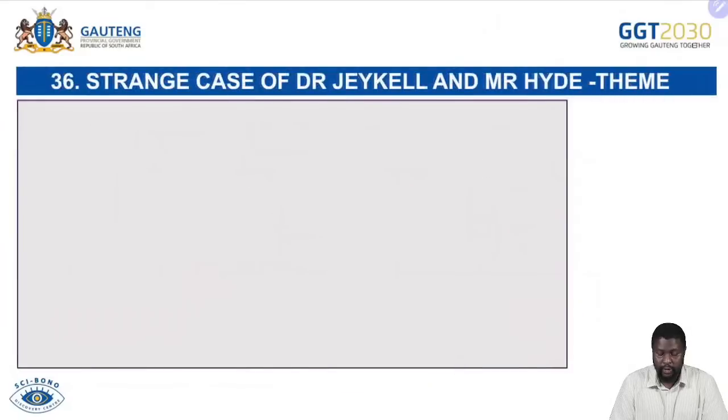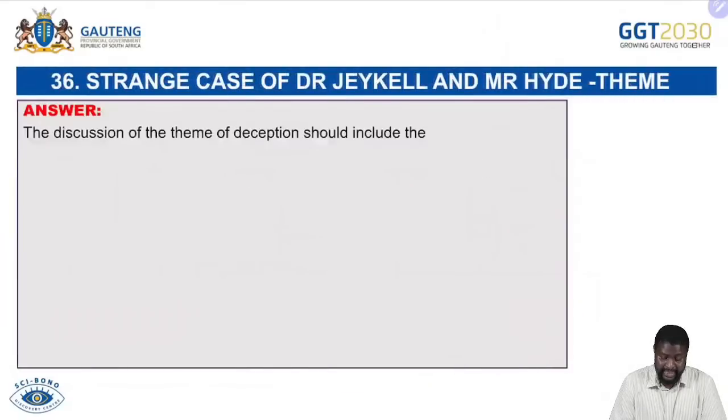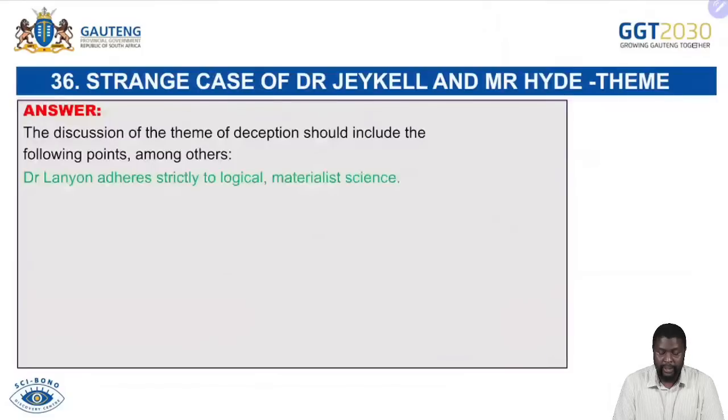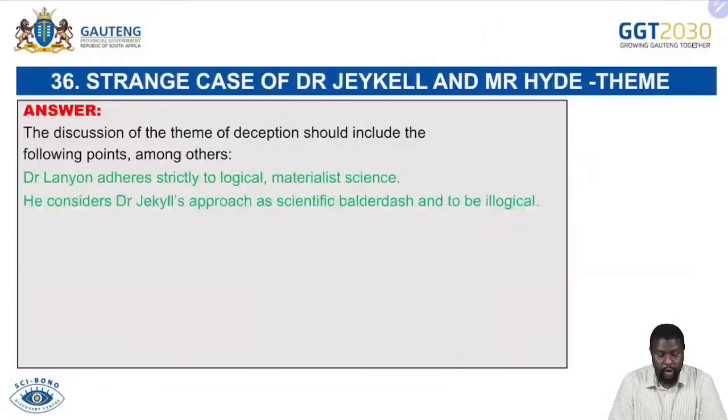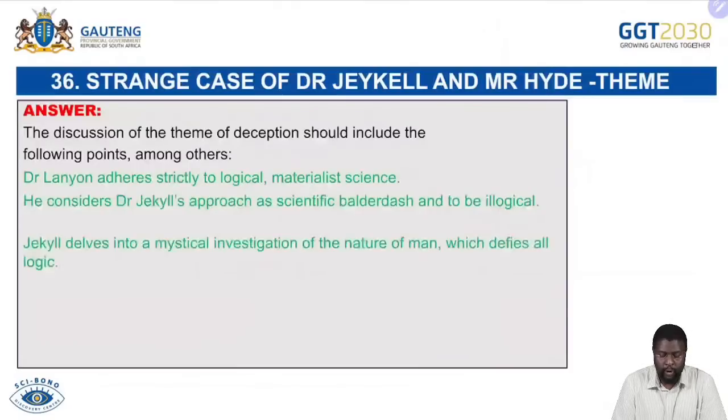Now, the answer to this question is the discussion must include the following. Dr. Lanyon adheres to logic or materialist science. He considers Dr. Jekyll's approach as scientific balderdash and to be illogical. Jekyll delves into a mystical investigation of the nature of man, which defies all logic.